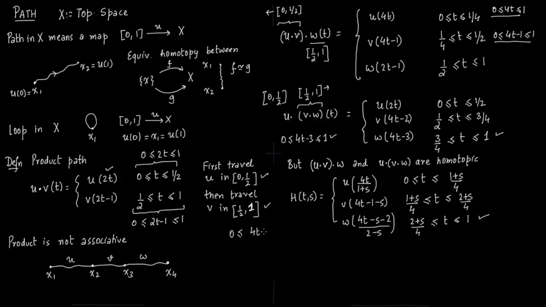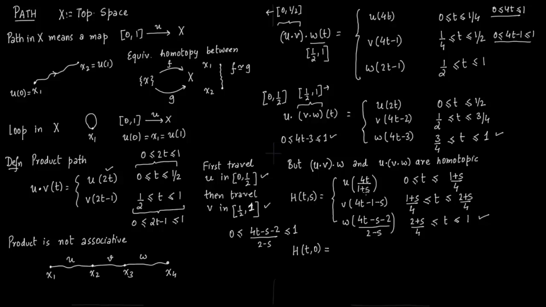So again I am writing the same thing, because whatever feeds into the path has to lie between 0 and 1, because that is the definition of path. It takes the interval 0, 1 to the space. So that is why we are writing that 4t minus s minus 2 divided by 2 minus s is less than or equal to 1. It is the same as t lying between 2 plus s by 4 and 1.